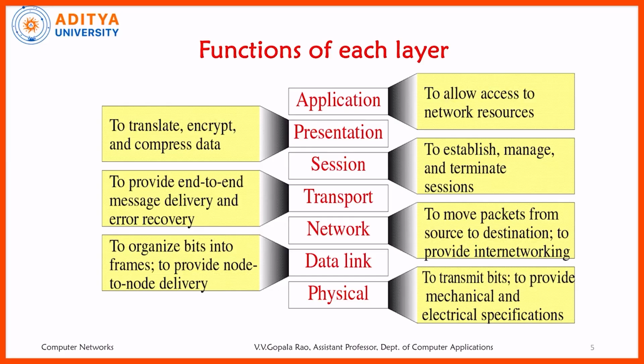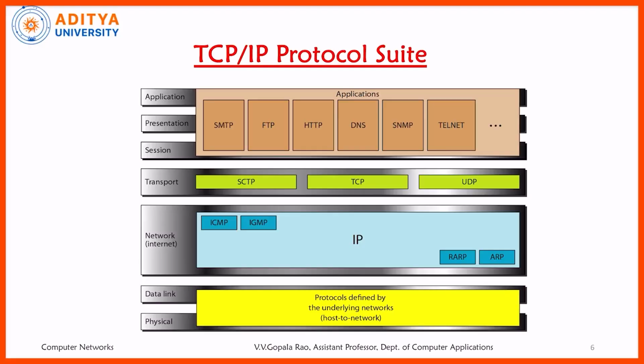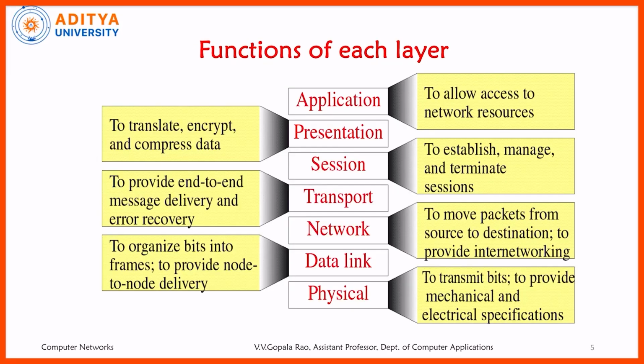At the destination, the functions proceed from the physical layer to the application layer, because the application layer is the final layer at the destination, which is close to the user. So finally the user is able to identify what the message is. That is about the responsibilities of the different layers proposed by the ISO. There are 7 layers, and every layer has its own responsibility.